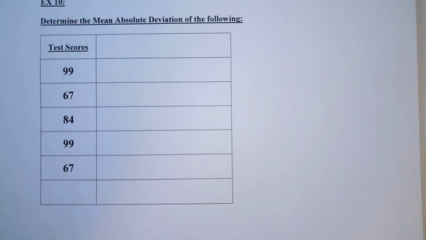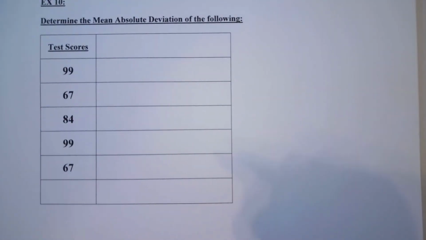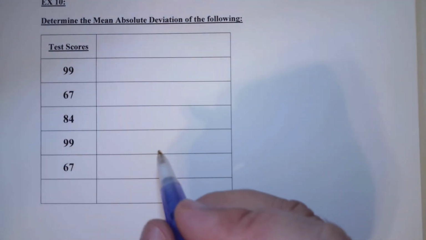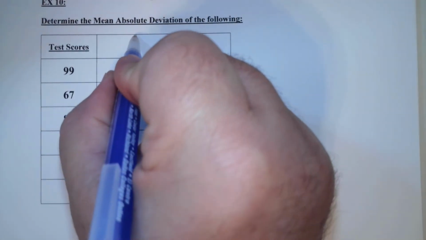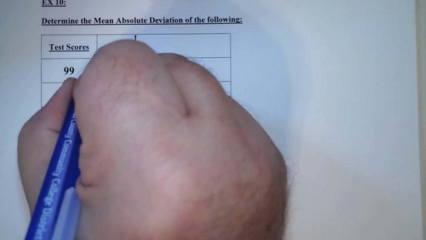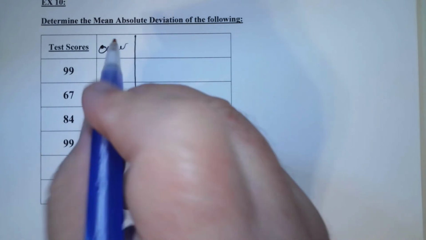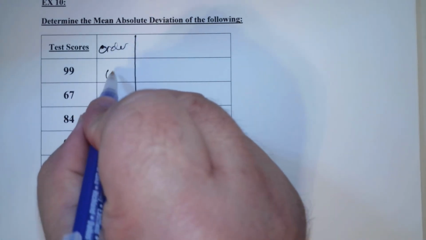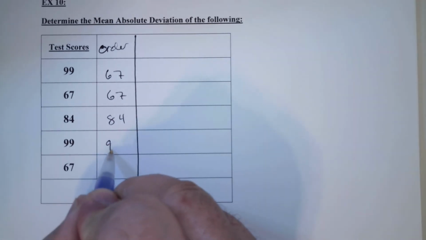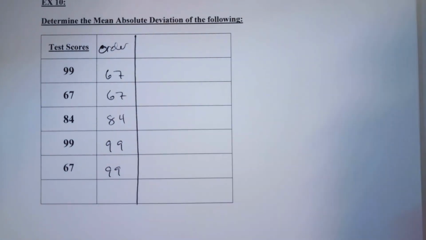Let's look at an example here. We want to see exactly how far from the middle all these numbers are. So the first thing we do is take these numbers and order them: 67, 67, 84, 99, 99.